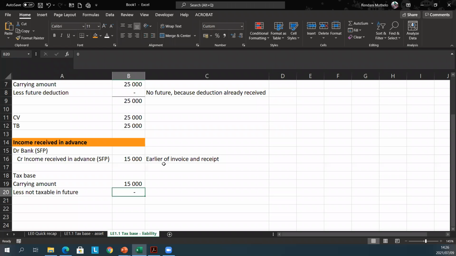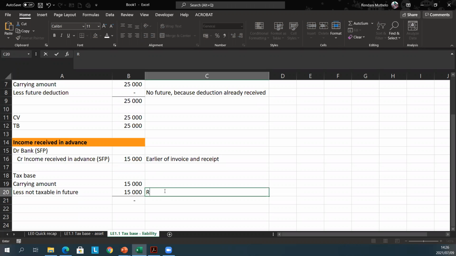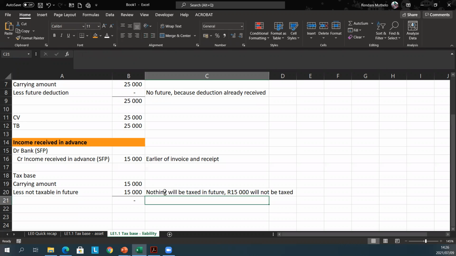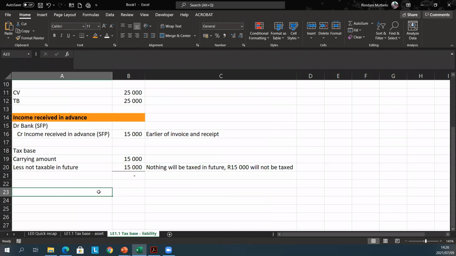So the amount not taxed is 15,000, because they are going to tax nothing. So it is 15,000 minus 15,000, resulting in a tax base of the liability of 0. Very strange language there. So we have a carrying amount and tax base that look like this.